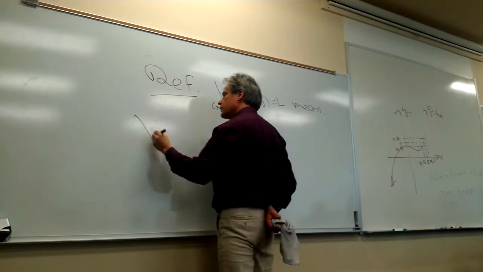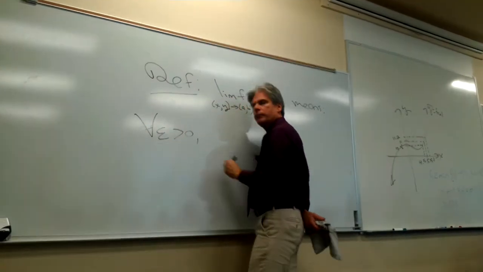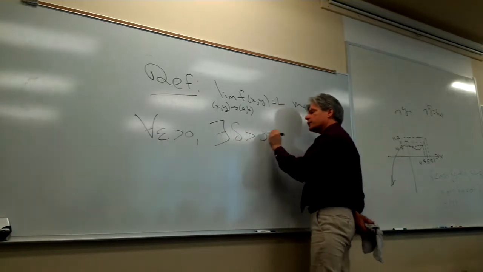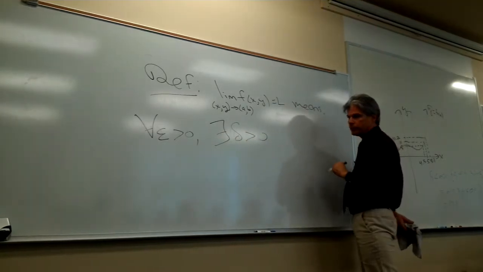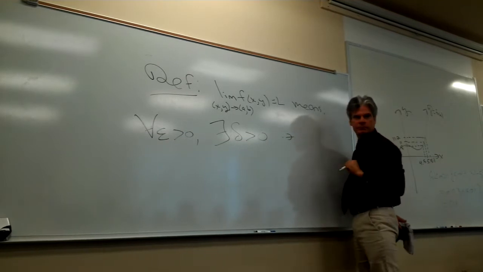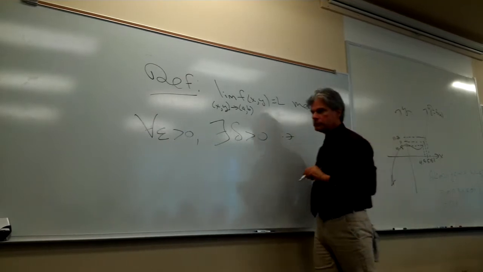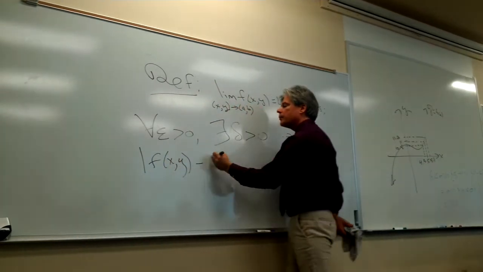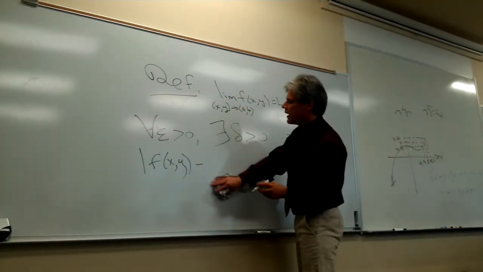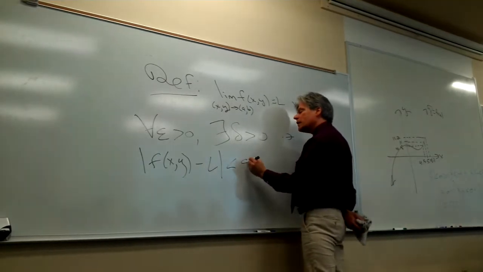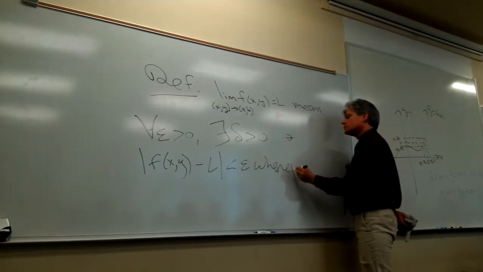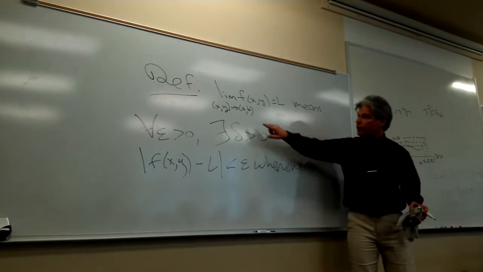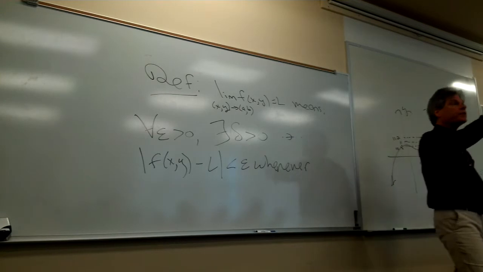For all epsilon greater than 0, there exists a corresponding delta value that's strictly positive as well, such that the deviation between the output of my function f at (x, y) and the value L is going to be no more than epsilon units whenever my ordered pair (x, y) is no further away from (a, b) than some distance called delta.